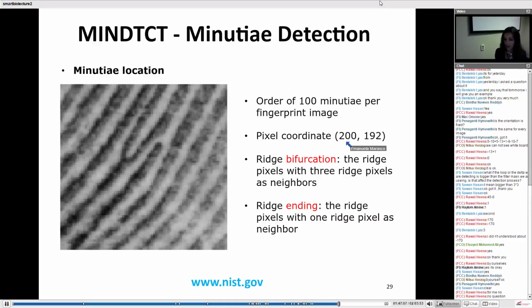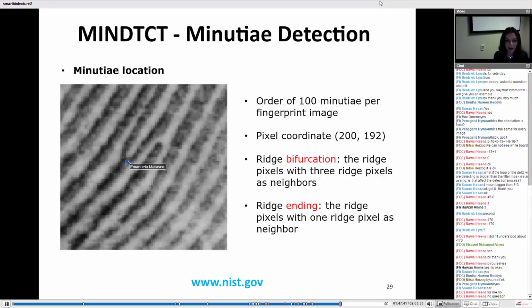To locate the minutia, we will have information like 200, 192, so the X and Y coordinates. And then the type, which is bifurcation, so the ridge pixel with 3 ridge pixels as neighbors. Since we are locating the minutia point on the thinned image where the ridge is 1 pixel wide, of course we can determine the ridge bifurcation.